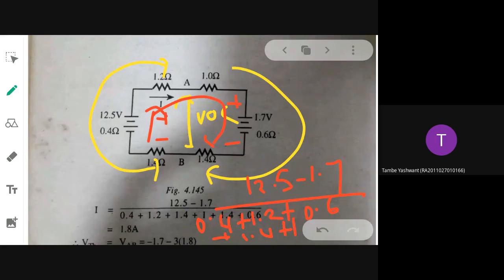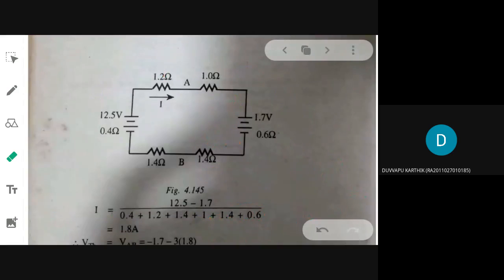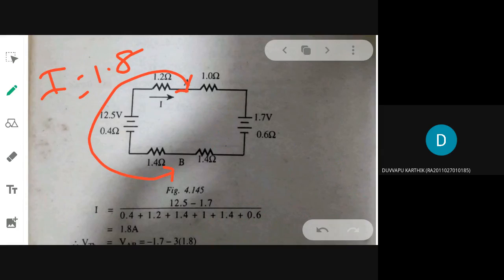So if you do that, you will get the current. What is the value of the current that you are getting? 1.8. Since you have found the current is 1.8, you can observe the voltage across this, and you will get VOC. What is the voltage source present here? 12.5 minus all the voltage drops.